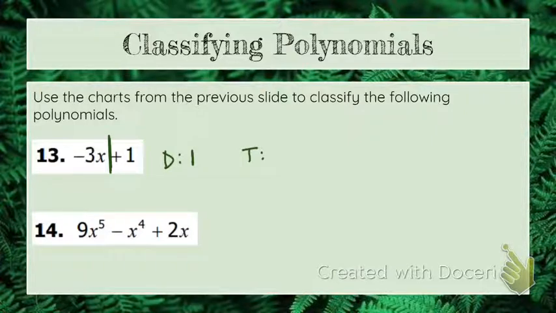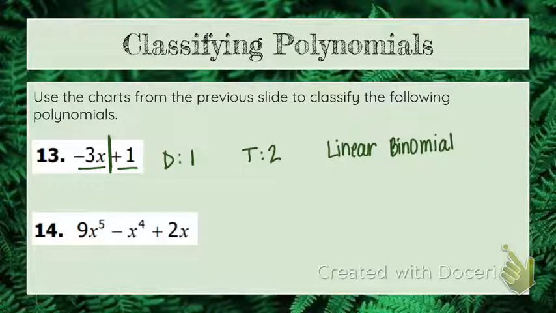So if we draw a line here, we have 1 term, 2 terms. There are 2 terms. So the first name that goes with degree of 1 is linear. The last name that applies to 2 terms is binomial. So this is a linear binomial. That's the type of polynomial this is.